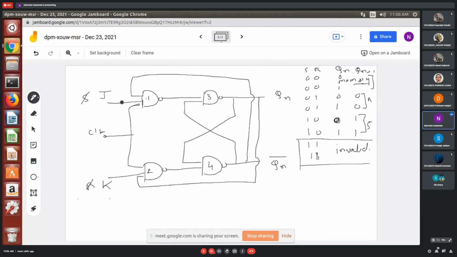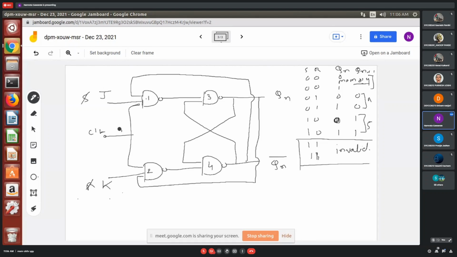When the clock is 0, and if we apply J is 0 and K is 0, or if the clock is 0, whatever output we get in the SR flip-flop when S and R both are 0, we will get the same output. So when the clock is 0, irrespective of the value of J and K, we get the memory state.